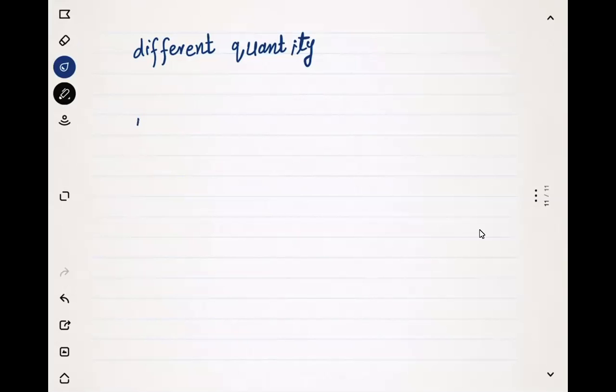Quantity number 12 is stress. When we extend something, then the pressure is replaced by another quantity, that is stress. I will not discuss this quantity a lot right here. However, when we study the chapter deformation, it will be studied in detail.